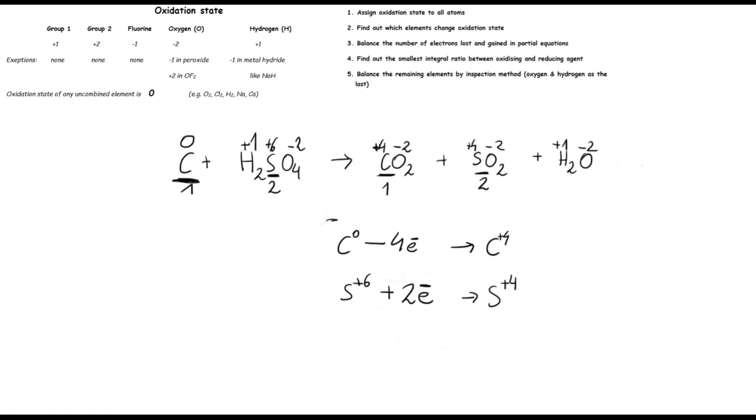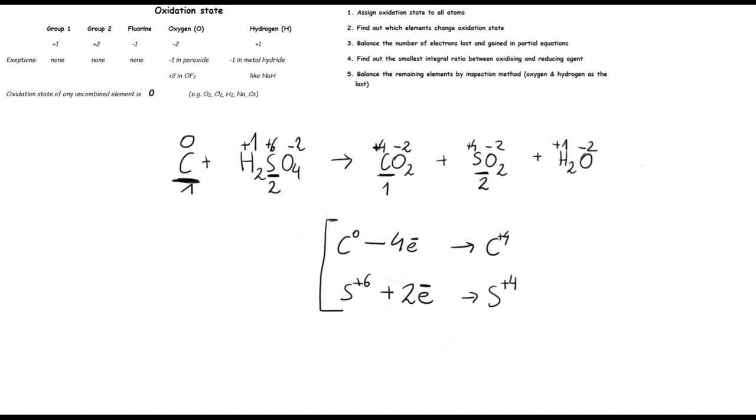What we have here is called a partial equation. But they are not balanced, and we need to balance the number of electrons. The principle is very easy: the number of lost and gained electrons must be equal. We see that the electrons lost by carbon are 4, and the gain by sulfur is only 2.